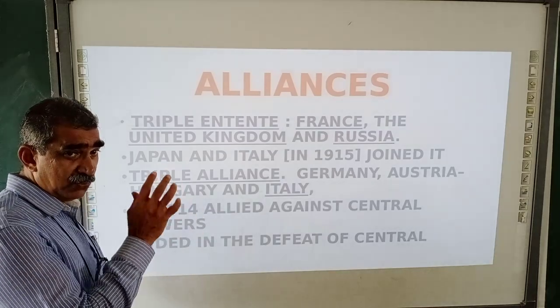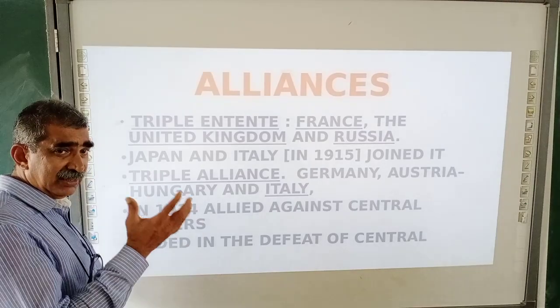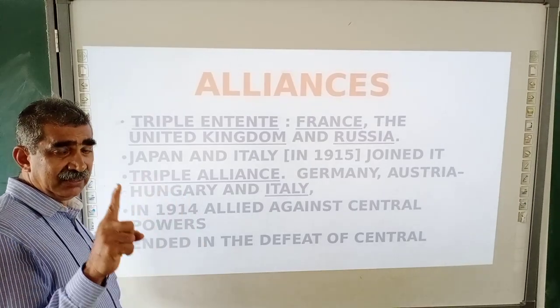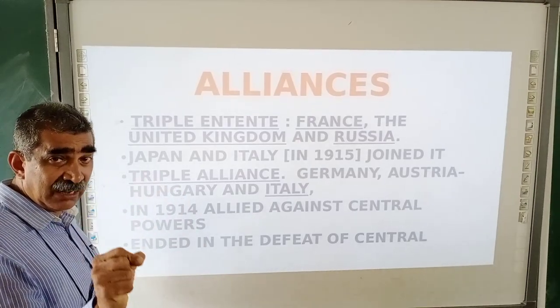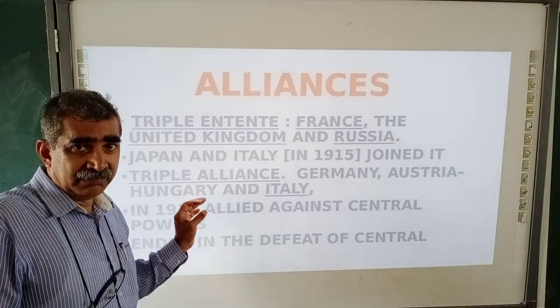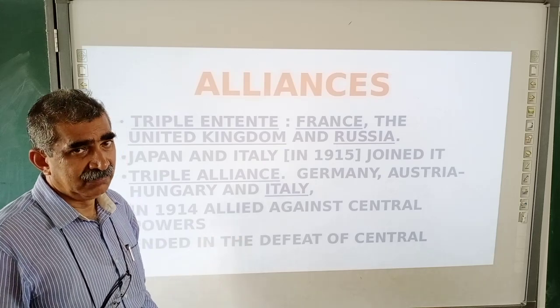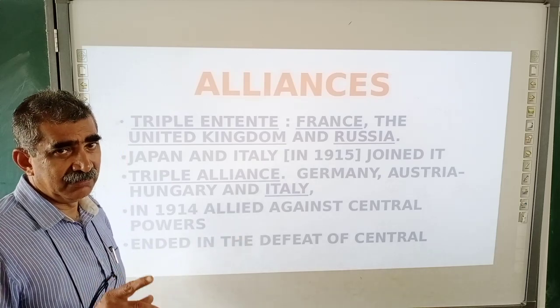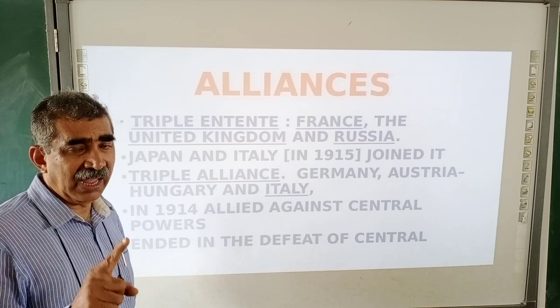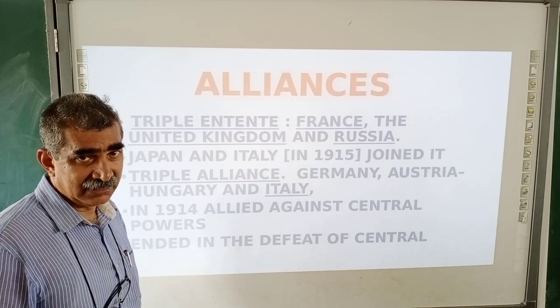So, the First World War, which was fought by Germany and others: the German team was known as the Central Powers. The other team, led by England, was known as the Allied team. The Central Powers, mainly Austria and Turkey, were defeated.